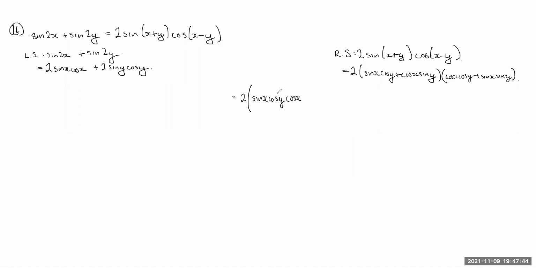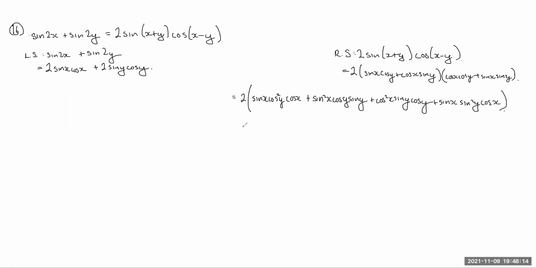I might as well just do cos squared y, plus sine x sine squared x, cos y sine y, and then multiply these two. This becomes cos squared x sine y cos y, and then sine x sine squared y cos x.